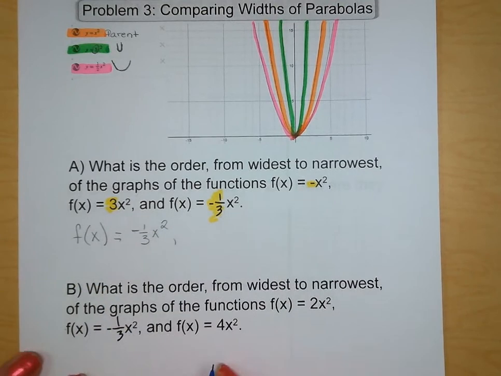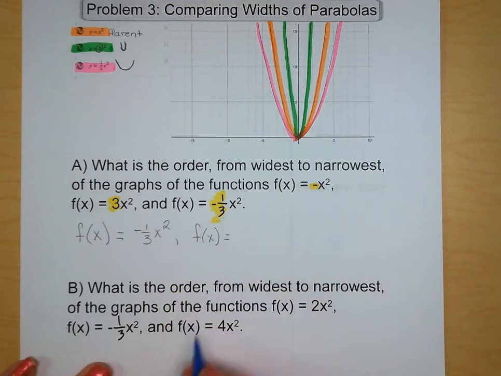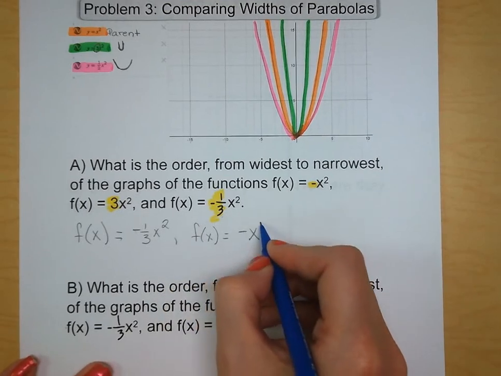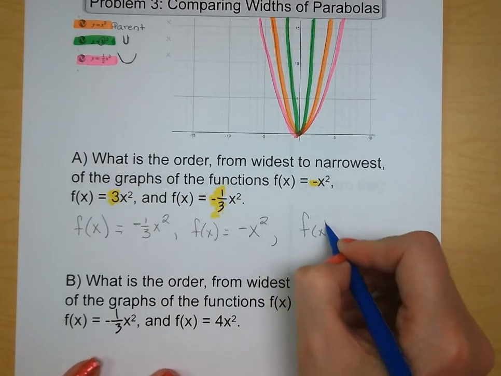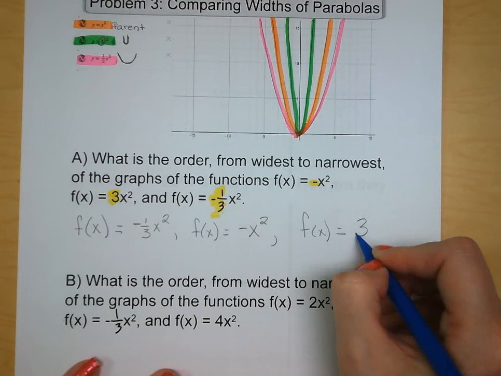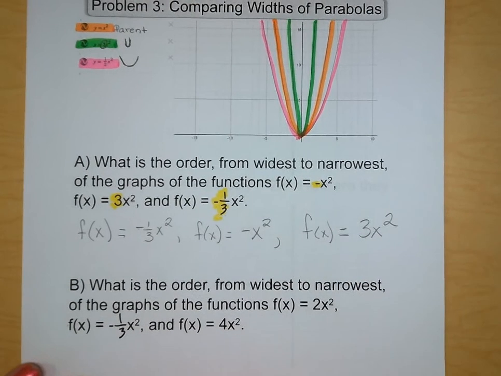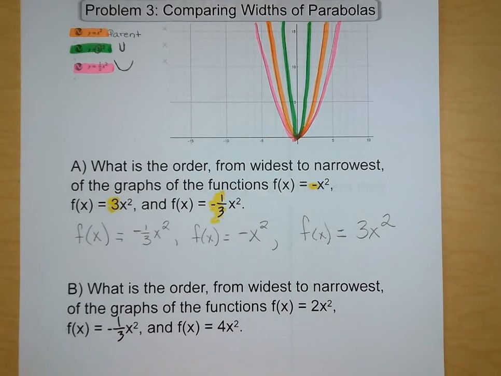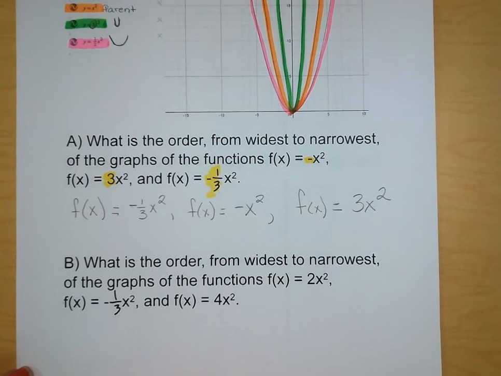Okay, our next widest one would be the negative x squared. And our last one would be the 3x squared graph. Okay, we don't care about the signs on this, we just care about the magnitude of that amount, the absolute value of it, whichever one's going to be the greatest.